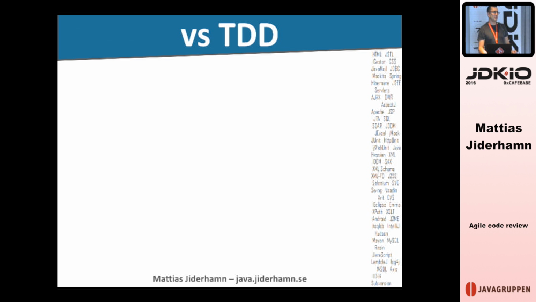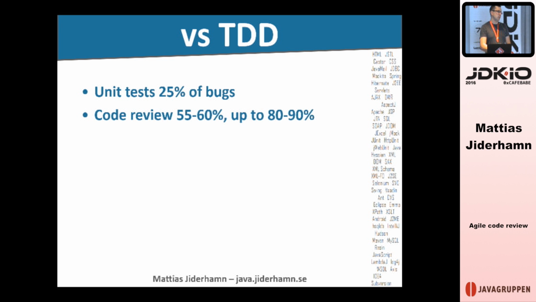And this is not just a subjective experience, but there's also statistics showing that using unit tests, you can probably uncover somewhere around 25% of your bugs. And with code review, the average would be somewhere between 55 and 60%. But as we saw in the previous examples, if you're lucky, you can get up to 80 or 90. Maybe, I'm not really sure if you're lucky, maybe you had too many errors in the first place if you get those numbers.